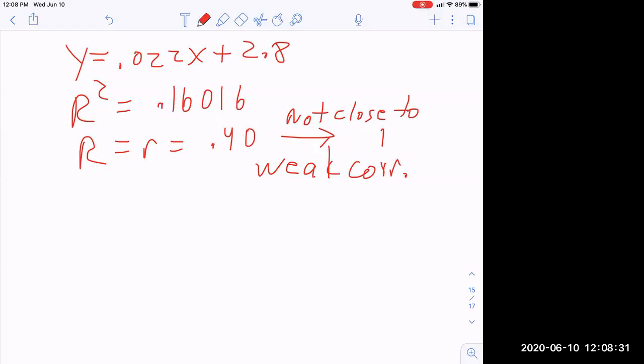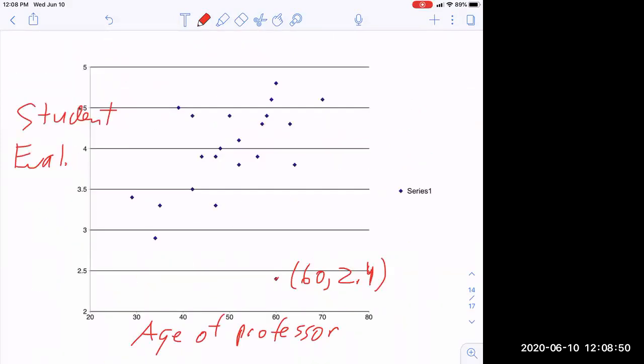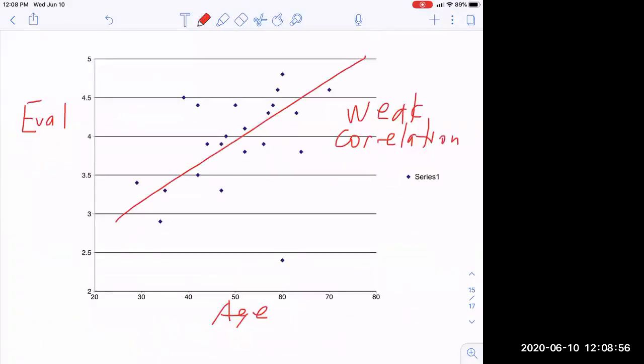Now the slope. 0.022. The age was in years and the y-axis is student evaluation points.